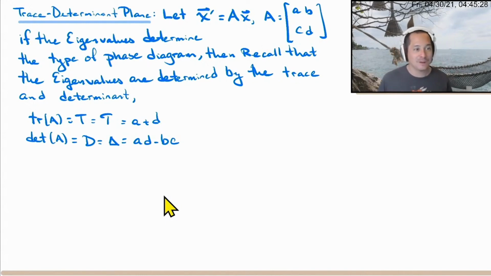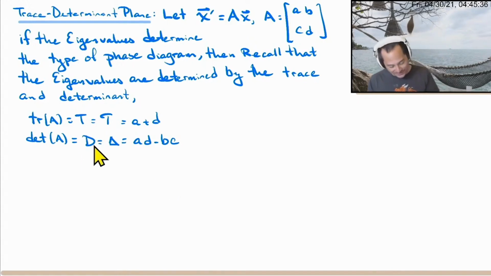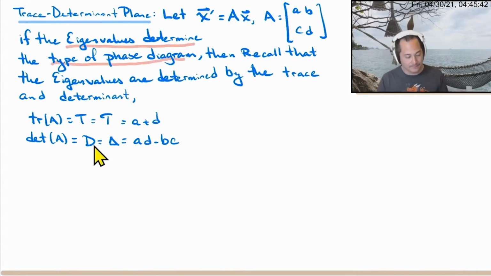But you might remember that when we calculated the eigenvalues, I had brought up traces and determinants. So, if the eigenvalues dictate the type of phase diagram, then let's remember that the eigenvalues are determined by trace and determinant.